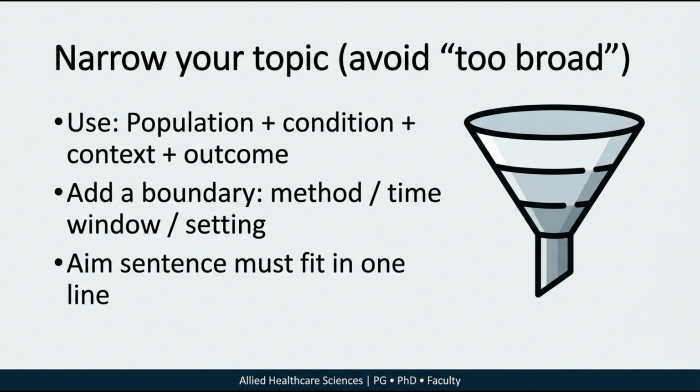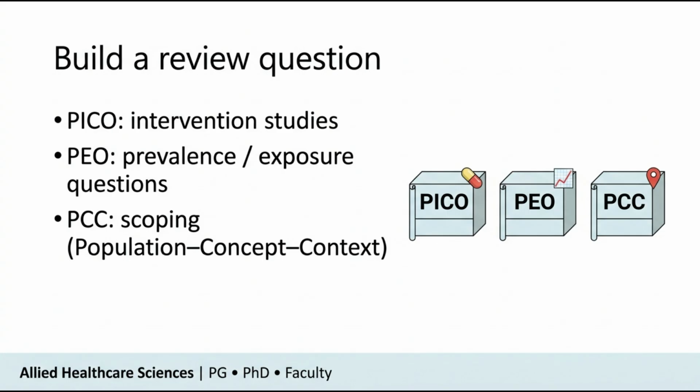If your aim sentence cannot fit in one line, your topic is still broad. Once the topic is narrow, convert it into a clear review question. For intervention questions, use PICO: population, intervention, comparison, outcome.